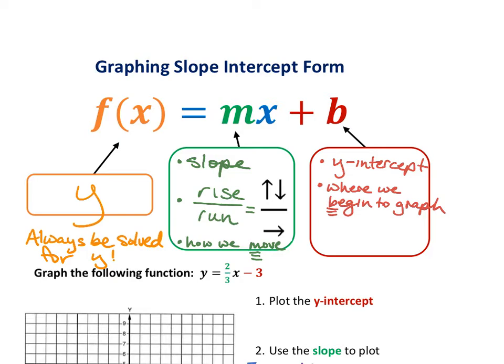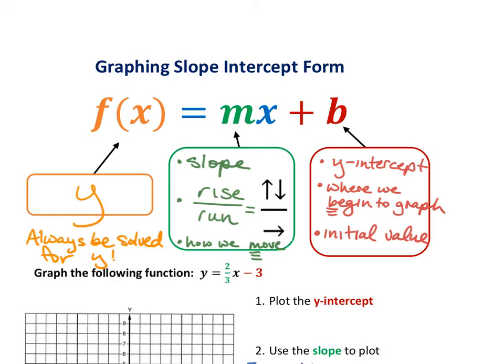From the beginning point, we can use the M to move. One word you're going to hear me call the B over and over again is the initial value. So your y-intercept is your initial value. Initial is a word that means beginning or starting. So it makes sense that where we begin to graph is our initial value or our beginning value.